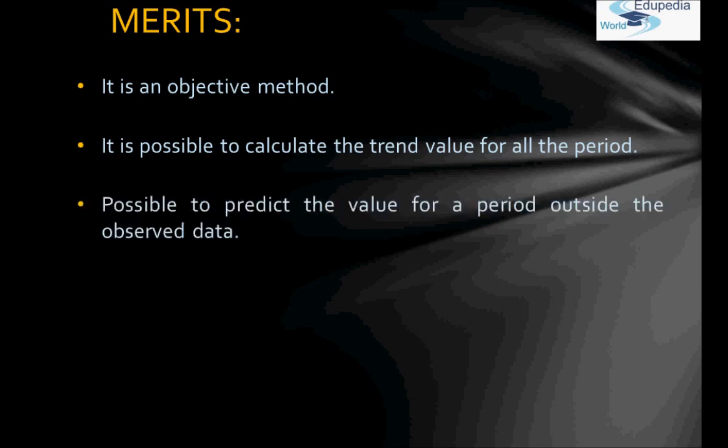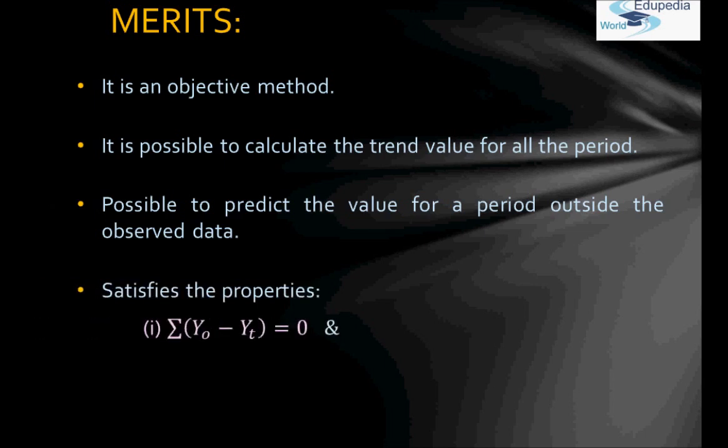Further, the results of the method of least squares are most satisfactory. Why? Because it satisfies these properties. The first one is that the sum of the variation between the trend value and the observed value would be 0, and the sum of the squares of the variation from the trend would be minimum.